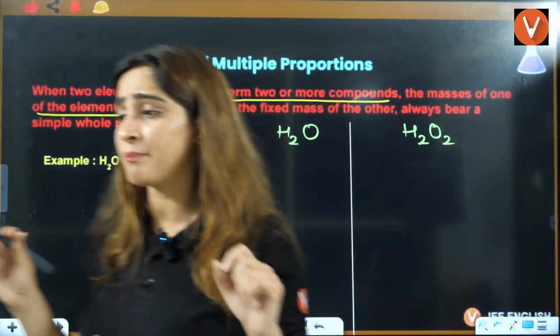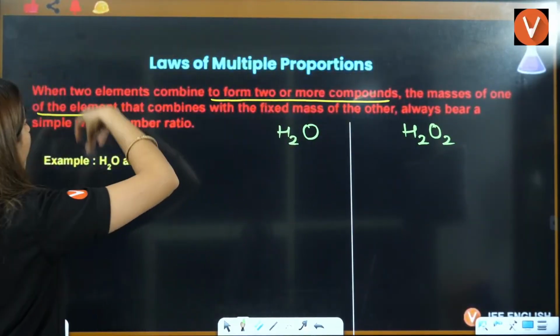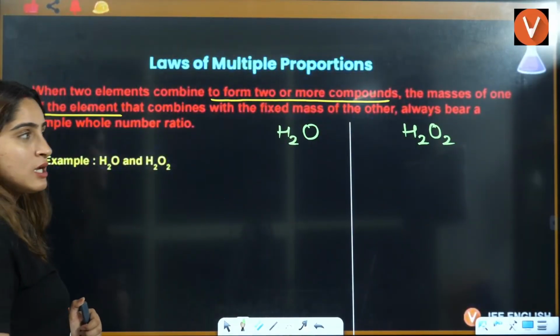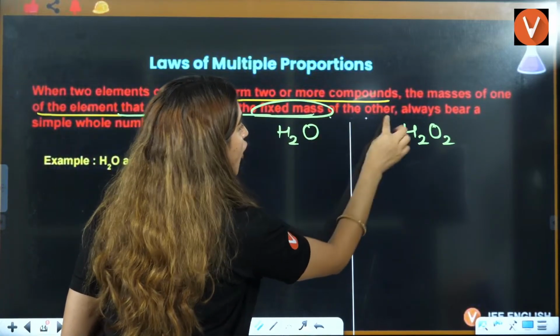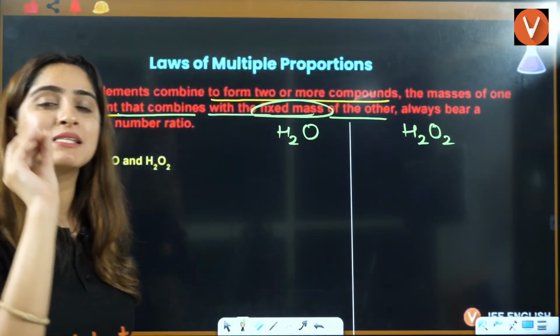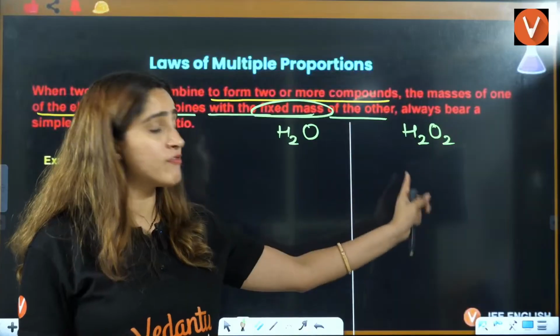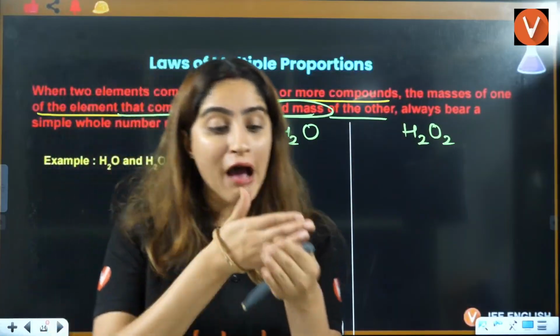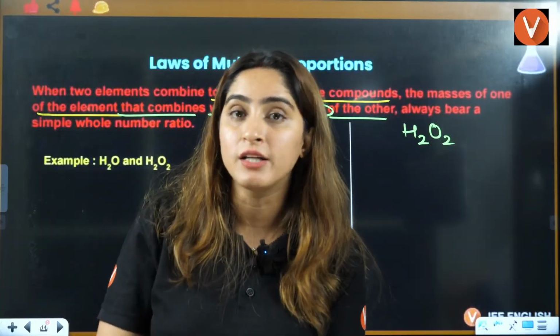With the help of examples, you will be able to understand it more. The masses of one element that combine with a fixed mass of the other. So I have to fix one mass. I have hydrogen, I have oxygen, I have hydrogen, I have oxygen. You have to fix the mass of one of the atoms, right?